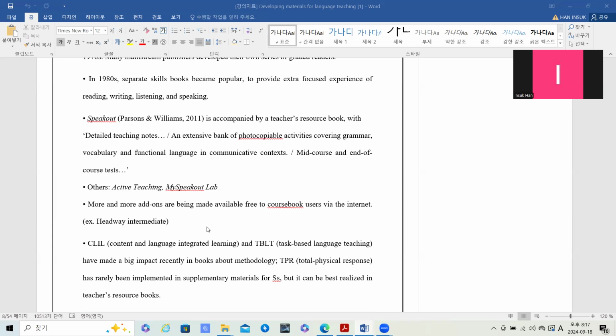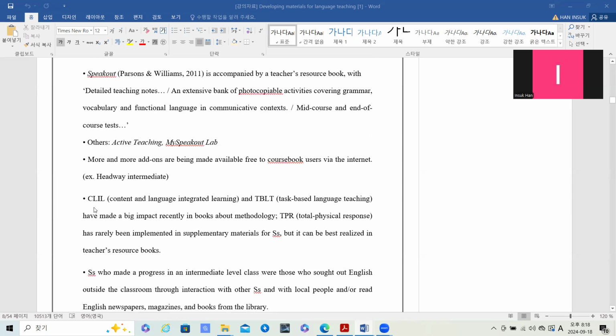So sometimes the teachers can use the workbooks during their lecture time, but sometimes the teachers can give some small assignments to the students for their review of what they have learned in the classroom.